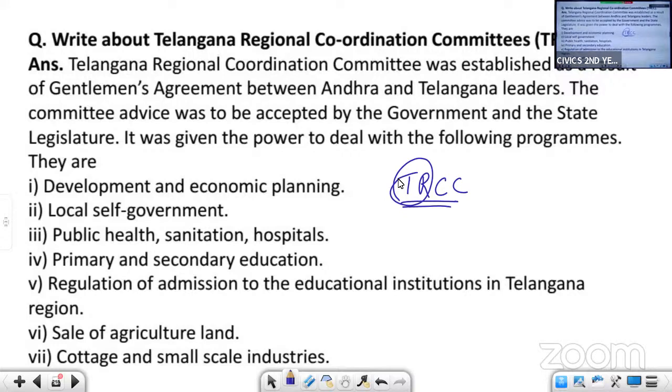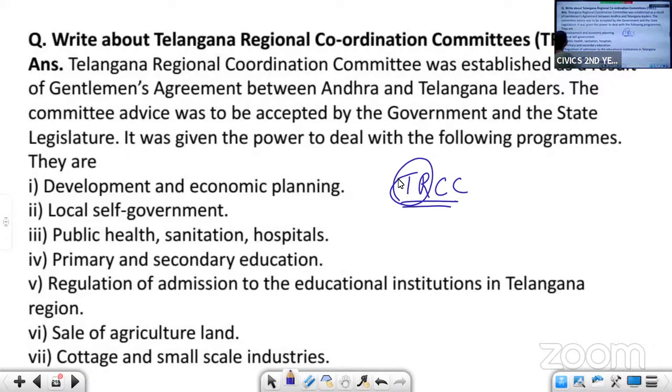They felt that if both states, Telangana and Andhra, are merged, then the Telangana region, as it is quite well developed by the Nizam, will get neglected. The focus will be on development of the Andhra region. So they assured that they will not neglect the Telangana region. For that, they will appoint the Telangana Regional Coordination Committee. So it was established.